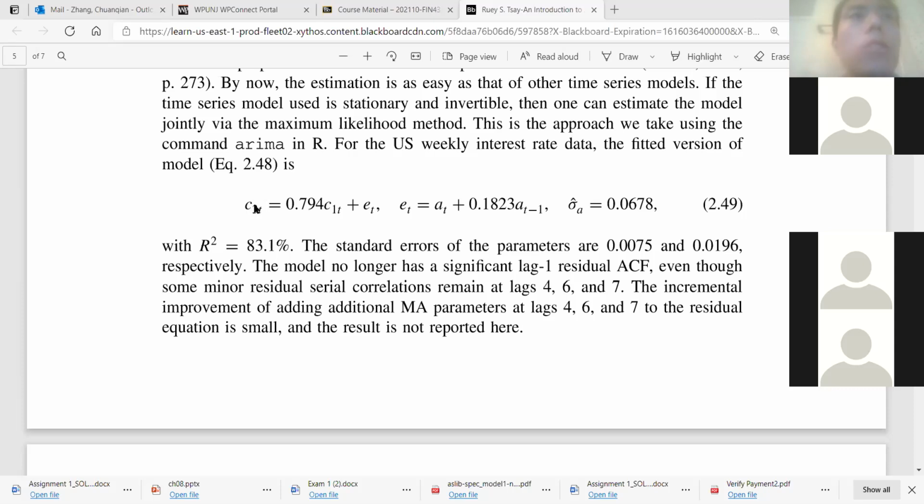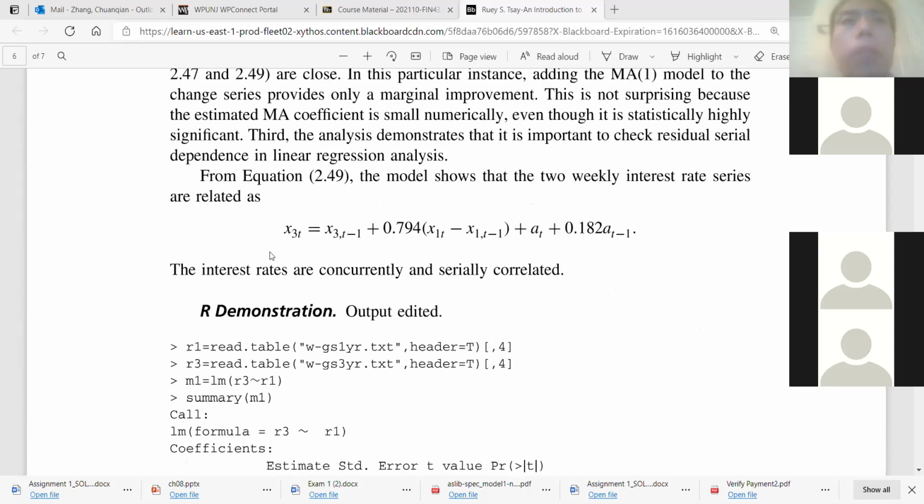It's not so hard because C3T simply means the first-order difference, Y3T minus Y3T-1, and C1T simply means X1T minus X1T-1. So you can re-express it in the original format. Substitute that in, and put the ET into the ET in this equation. After development, you get this one.